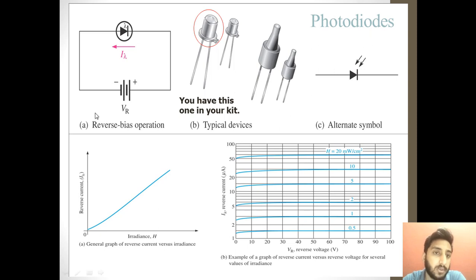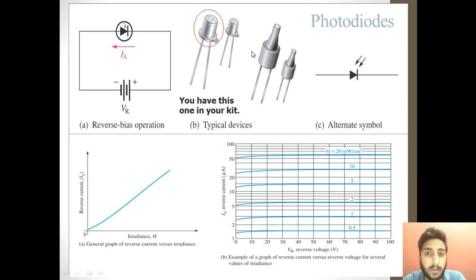The first diagram shown here is the reverse bias operation for the photodiode specifically. When the light comes in of a certain wavelength, lambda is showing the wavelength here. Different wavelengths correspond to different intensities and amounts of current, so this is dependent on the wavelength that is coming onto the photodiode.